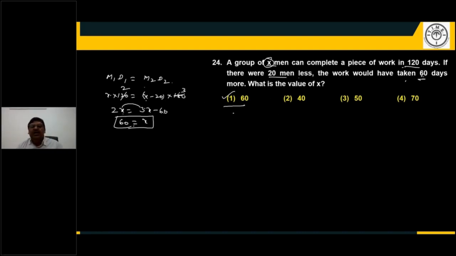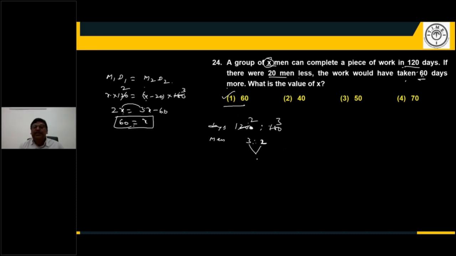I can say directly also like this, students. Days wise, if you look at, originally I have 120 days. Now I have 60 days more, means 180, so you can say 2:3. If the number of days is 2:3, the number of men will be 3:2.